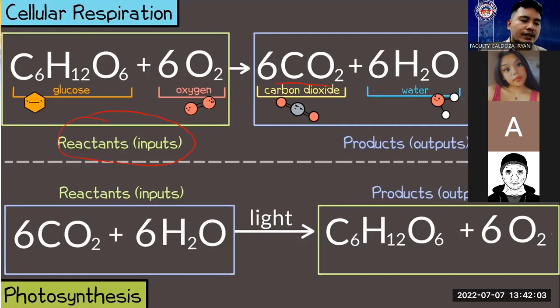Pag dinikitan siya ng one molecule of proton gradient, nagiging tatlo na yun, adenosine triphosphate. Kaya meron tayong ATP dyan. So out of glucose and oxygen, they are now able to produce carbon dioxide, water, and ATP in the process of cellular respiration.